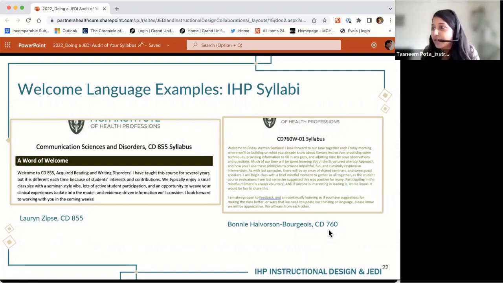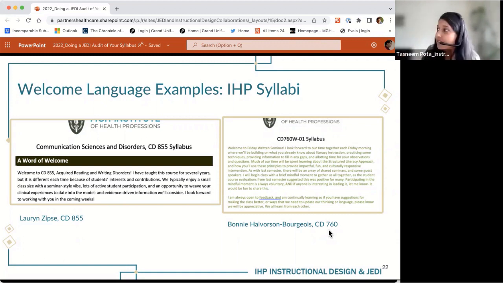With Lauren's, you see that she acknowledges that she has taught the syllabus for several years, and each time it's a different experience where students bring a lot of contribution and work together, and what that participation looks like. Even Bonnie has a similar tone and welcoming note in her syllabus, where she puts forward how each time they work together, allocating the time, observations, and being open to getting feedback and continuously learning from students.